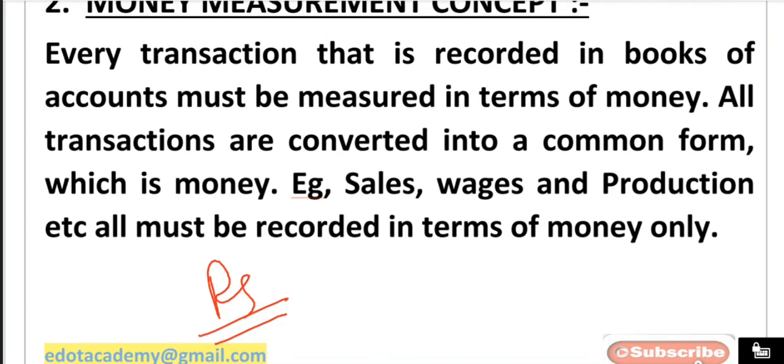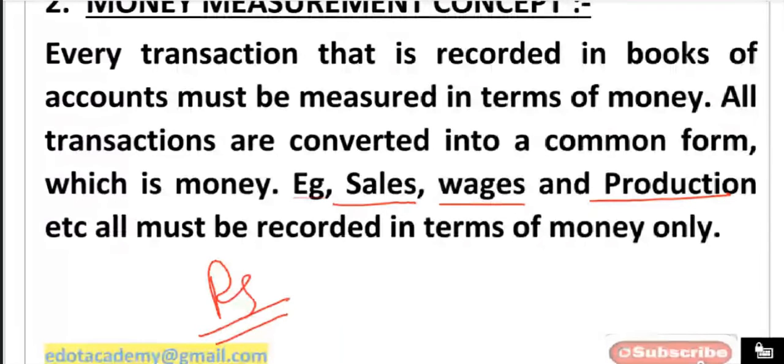You will record only whatever sales have been made in money, whatever wages you have paid in money. Whatever production has occurred, not the kilograms or numbers, which have no meaning here, must be measured in rupees only.